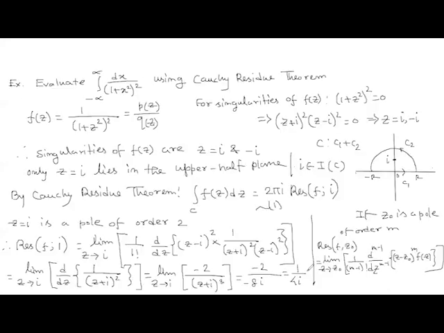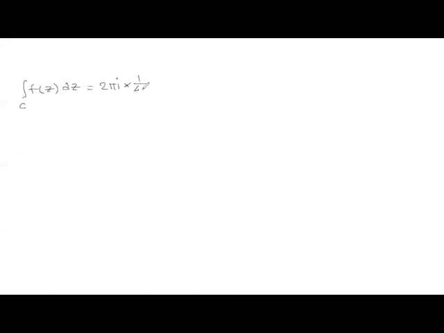So from this expression, we can write integral over C of f(z) dz is equal to 2 pi i times the residue of f at the point i, which is 1 by 4i. So it is 2 pi i times 1 by 4i, that is equal to pi by 2.